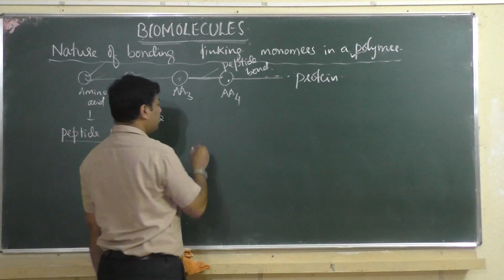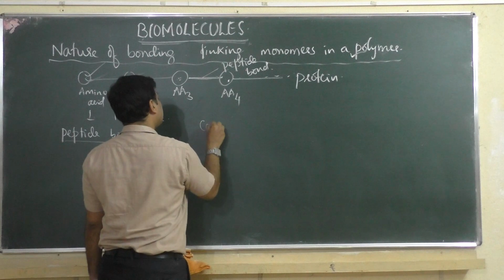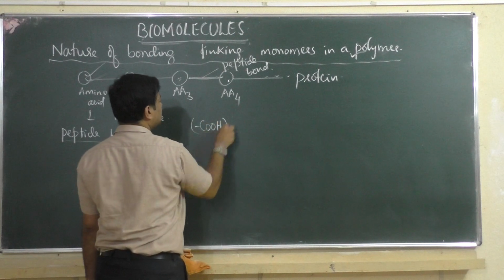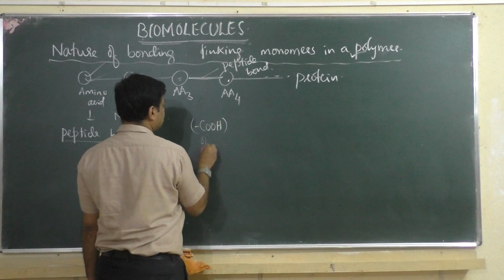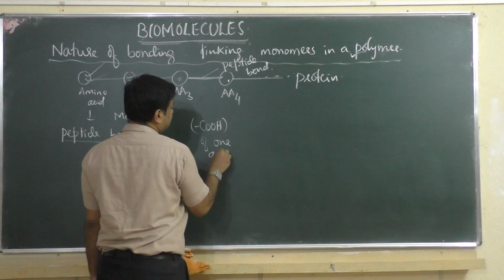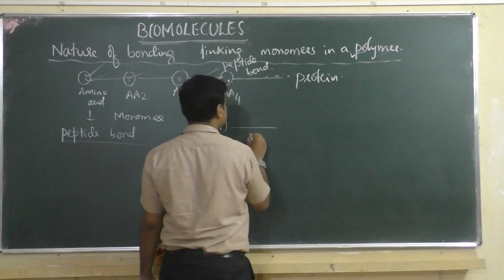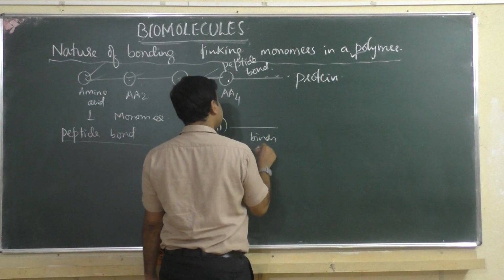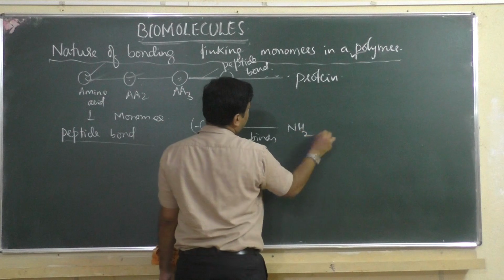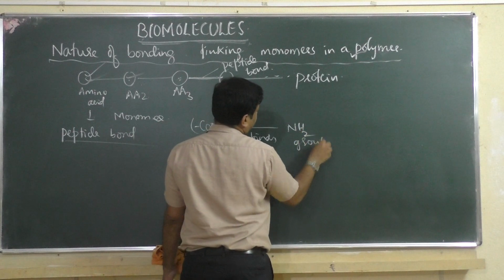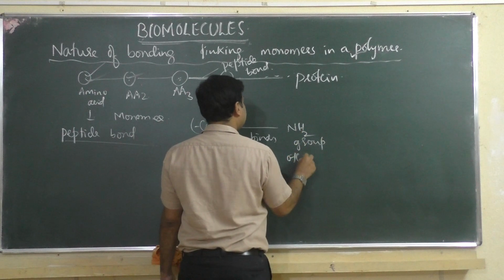A peptide bond is produced only when the carboxyl group, COOH group, of one amino acid binds to the amino group of the other amino acid.